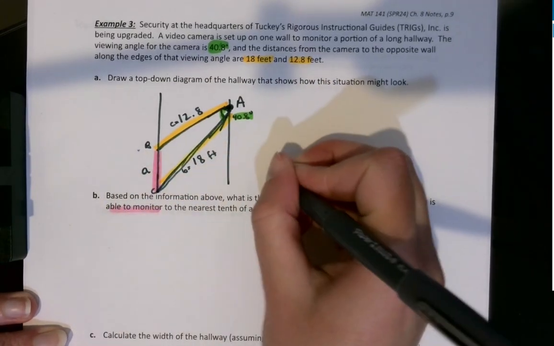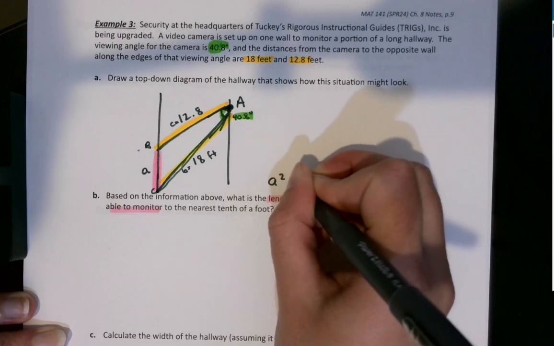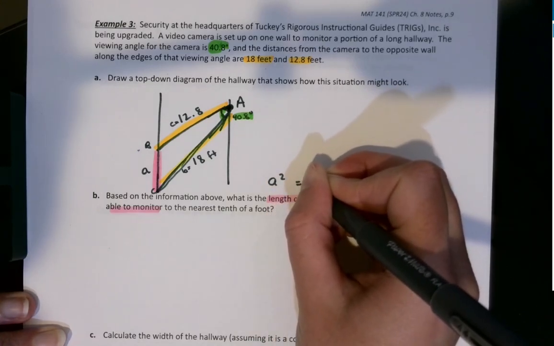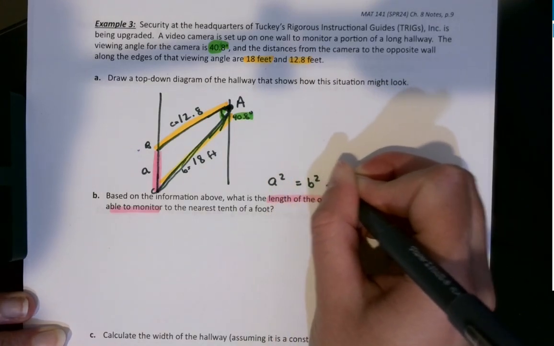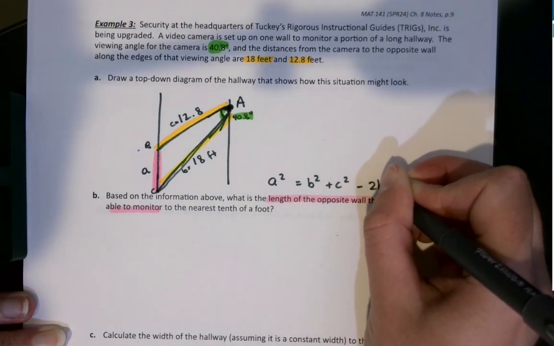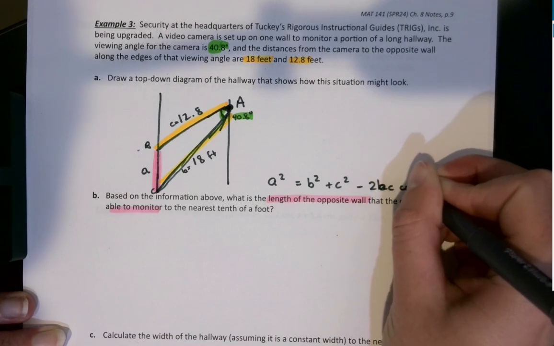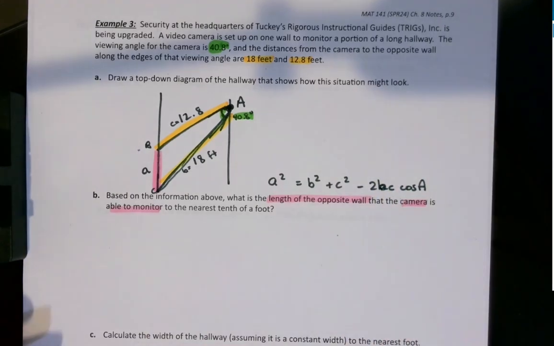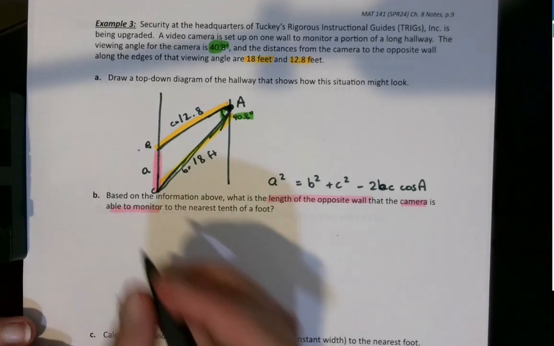So we're going to write this in the form A squared equals B squared plus C squared minus 2BC times the cosine of angle A. That's the version of the law of cosines equal to A squared.